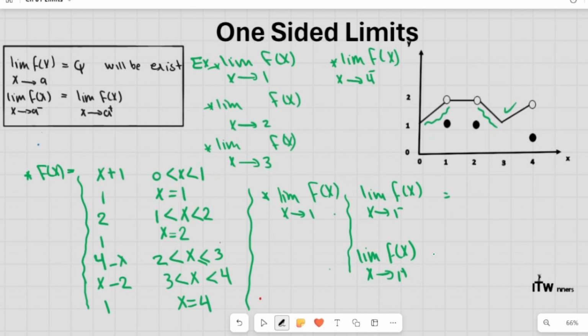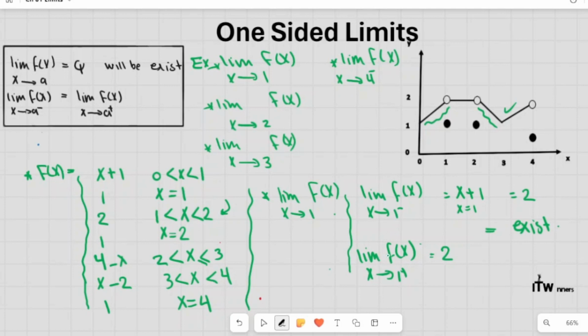This equals x plus 1, and here x equals 1, so this will be equal to 2, and here defined on this interval equals 2. Okay, so this limit exists.